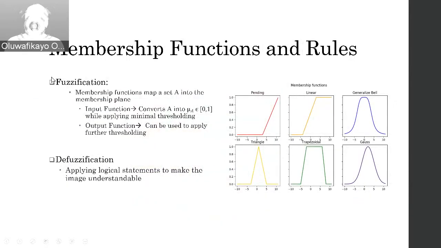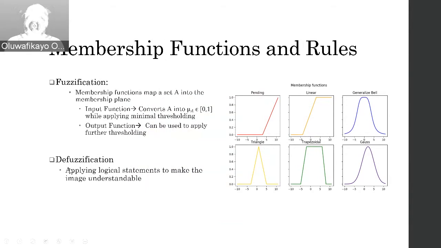So the fuzzification process is basically when the image first enters the membership plane, and the input function converts the values of the pixels into some membership values between 0 and 1, while also applying minimal thresholding. And this goes into an output function, which can then be used for even further thresholding.